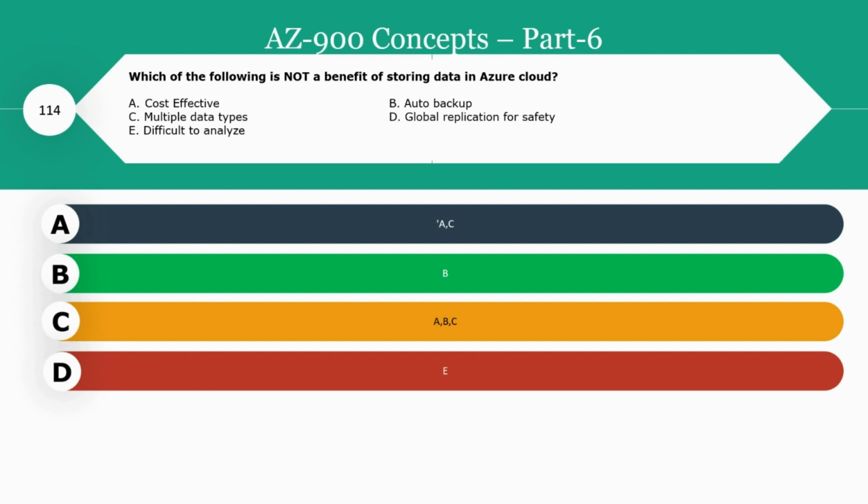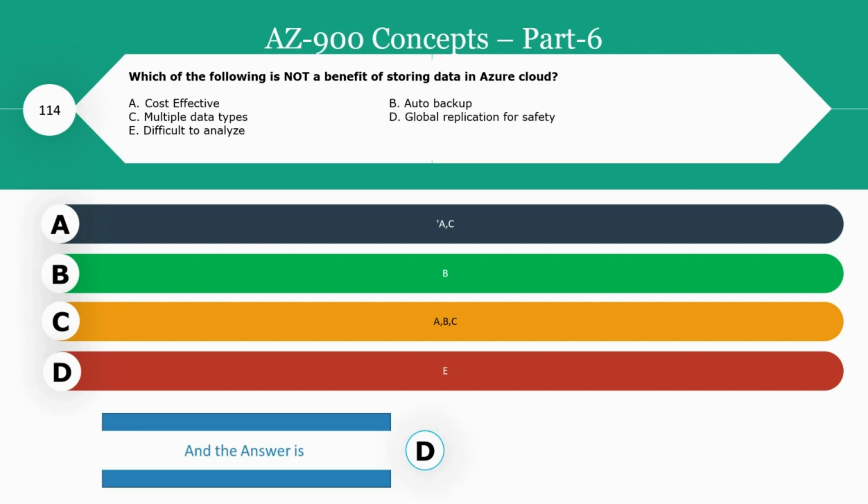There are multiple combination options. Please note the question asks which of the following is not a benefit, and you need to be very careful while reading the question and also picking the right answers.